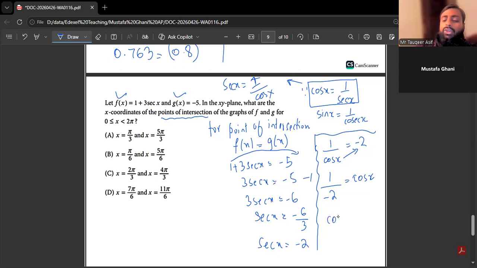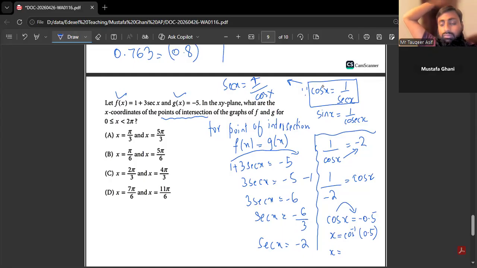So cos x equals negative 0.5. Now shift this cos to the right hand side, you get cos inverse 0.5, and tell me what answer you are getting. So inverse cos 0.5.